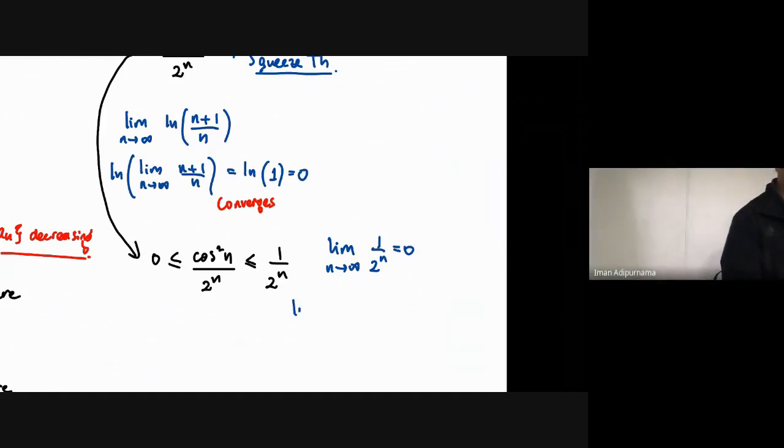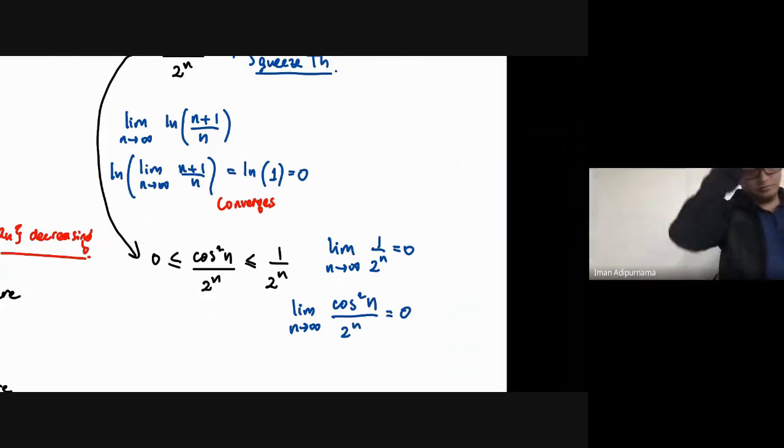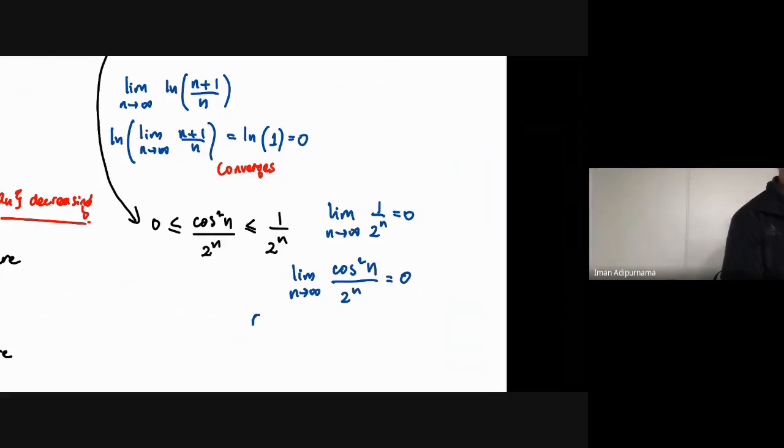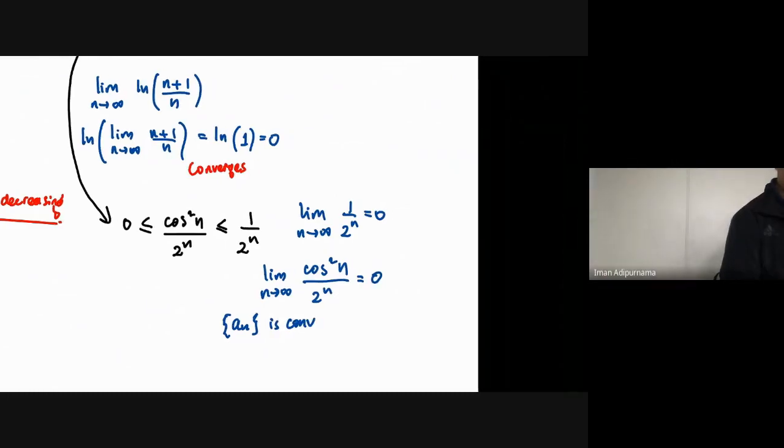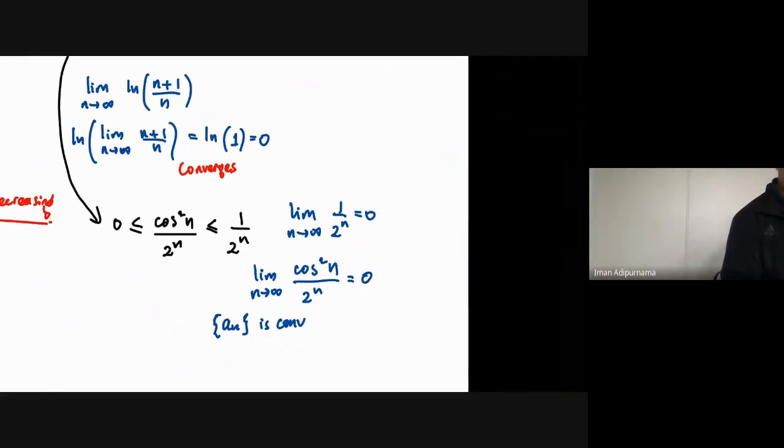That means cosine squared n over 2 with the power of n is also the same. So we can say that the sequence a_n converges by the squeeze theorem.